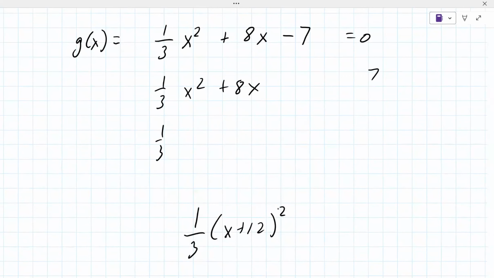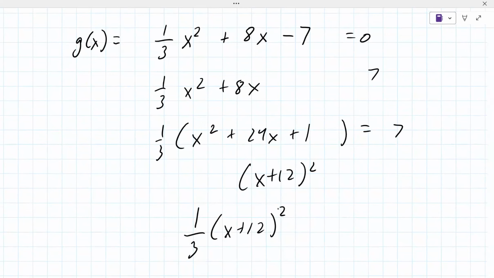All right, 1/3 x squared plus 24x, leave a space. So you put plus 144 in here, and then it goes back to being 48. Oh, I put plus 12 there too and multiplied plus 12 by one. I forgot that you had to square it when you put it back up there.